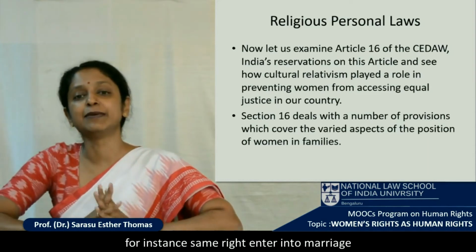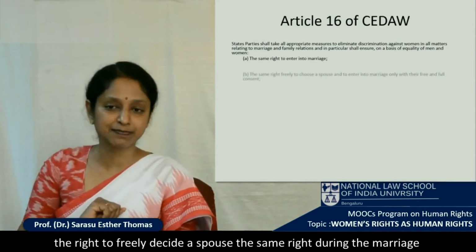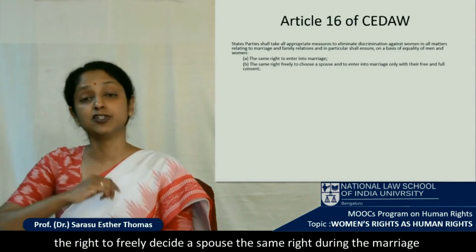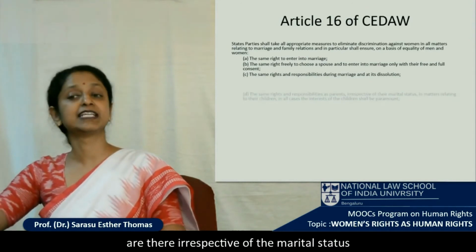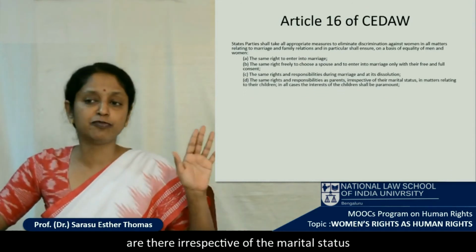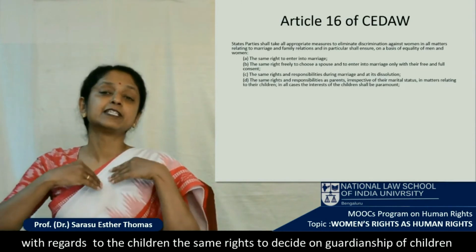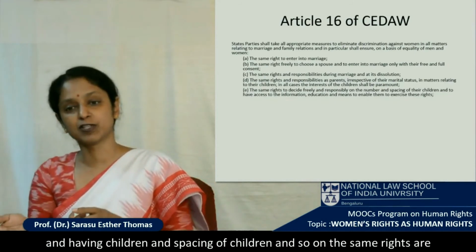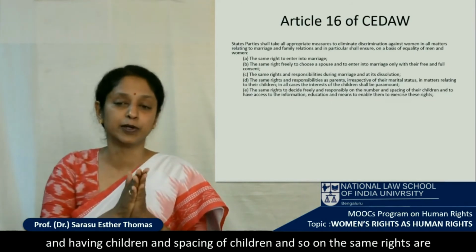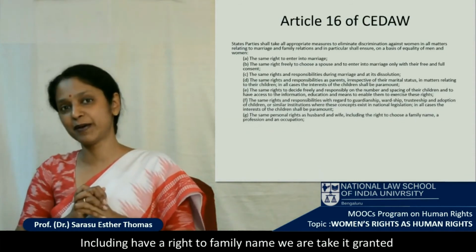For instance, the same right to enter into marriage, the right to freely decide a spouse, the same rights during the marriage and at the end of the marriage, the same rights and responsibilities as parents, irrespective of marital status, with regard to the children, the same rights to decide on guardianship of children, on having children, on spacing of children, and so on. The same rights as husband and wife, including the right to have a family name.